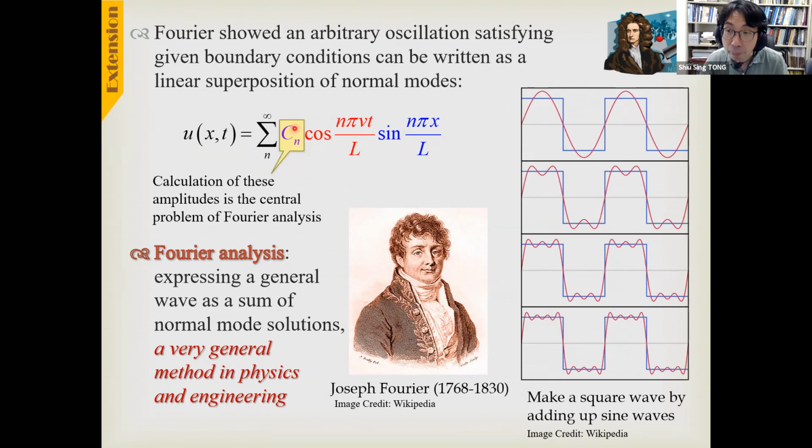These are the amplitudes for the individual normal modes. For different n, we form a summation over the normal mode solutions. This summation runs from n equal to 1 to infinity. Each term corresponds to a normal mode solution of a specific n, with a certain amplitude, which we call Cn.